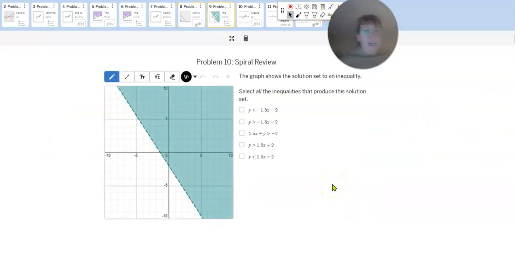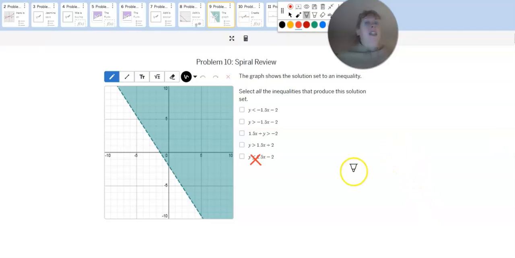Slide 9 says the graph shows the solution set to the inequality. Select all the inequalities that produce this solution set. Well, we see that it's dashed. So it definitely cannot be this one because it has the or equal to. So that's just good to know. Let's see.